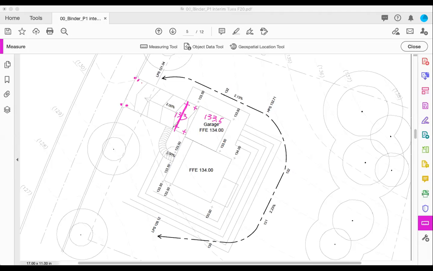And then you calculate this one and that one. And you have those correct at 133.50. So based on those spots and your 133.50, you should be able to calculate the slope for your driveway.